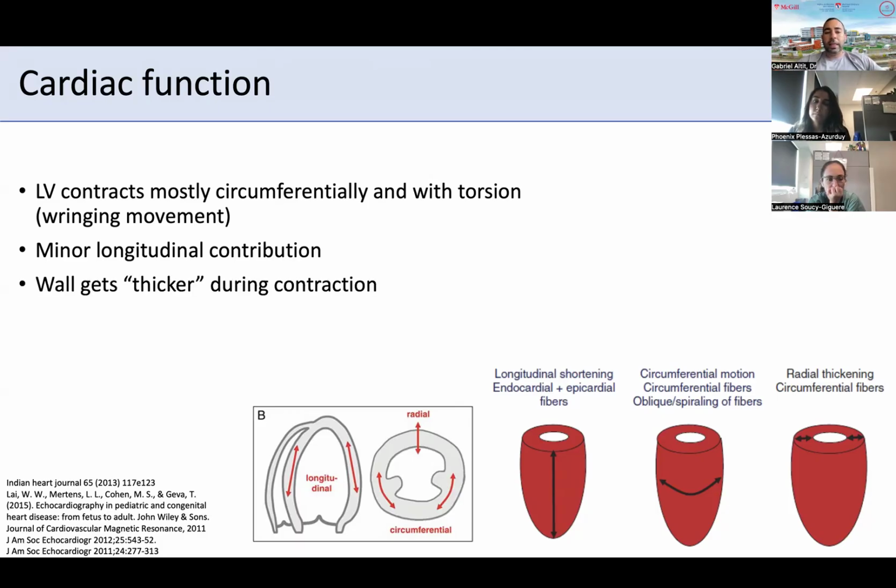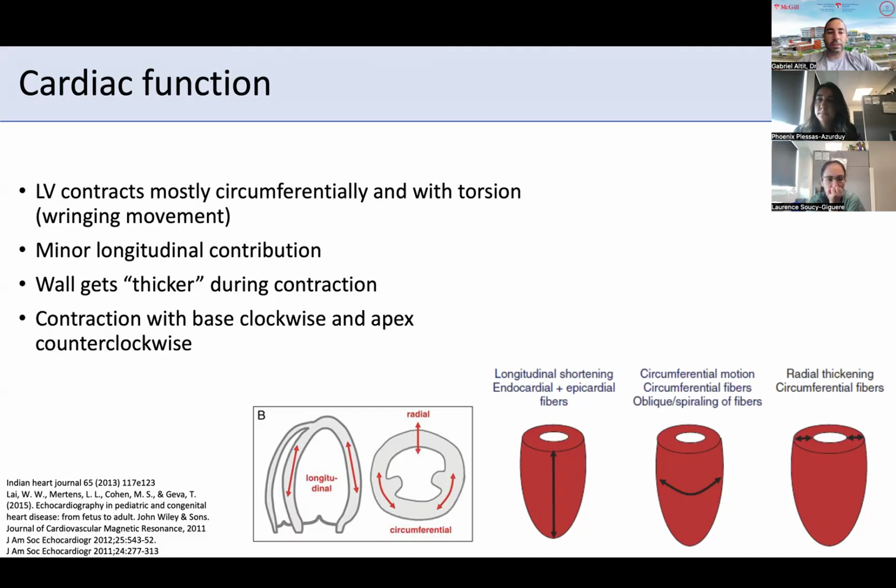The walls will get thicker in contraction like any muscle, and this is part of the properties allowing it to eject into the outflow tract, because if it was not thickening, you would lose some of that narrowing of the cavity during contraction, or systole.